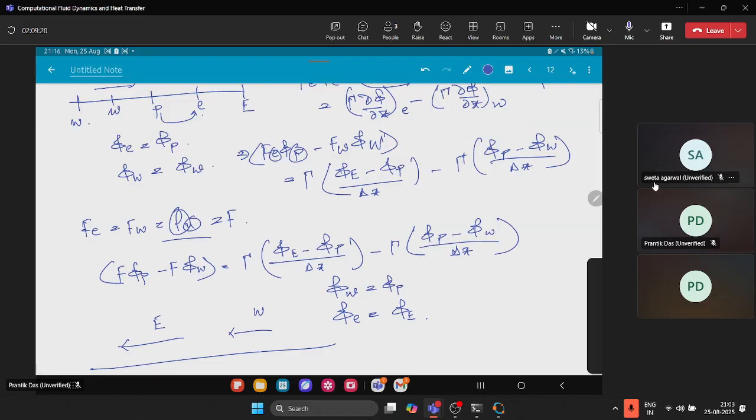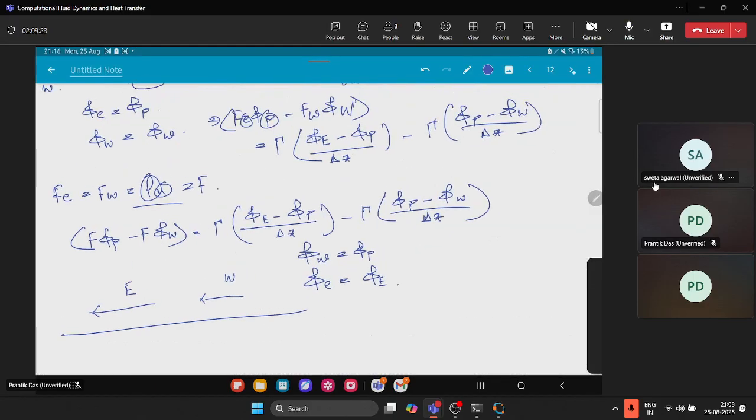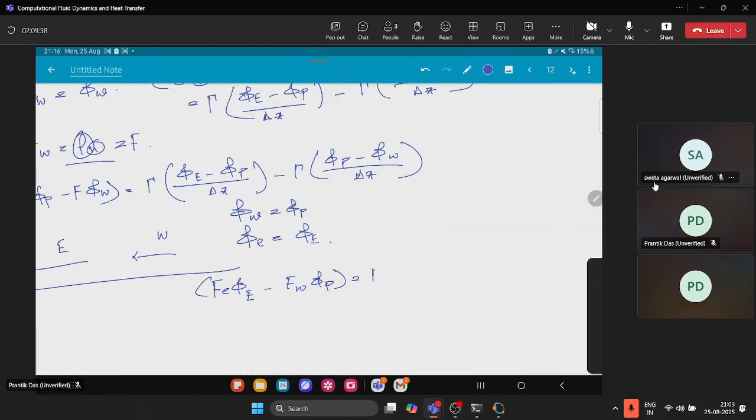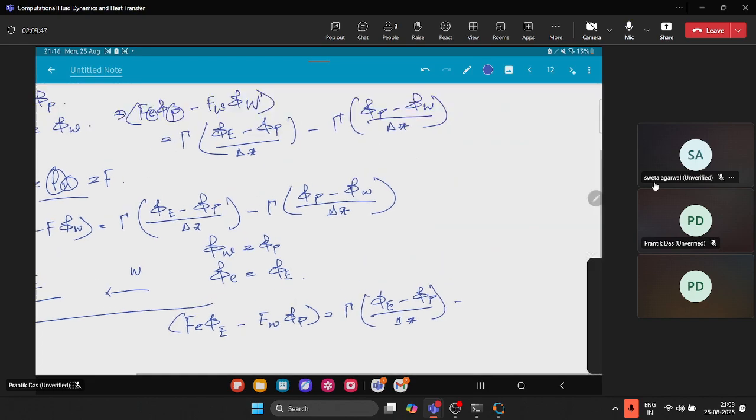So phi e becomes phi capital E. So it becomes Fe phi capital E minus Fw phi capital P equals the same thing, which is gamma (phi E minus phi P) divided by delta x minus gamma (phi P minus phi W) divided by delta x. Is it clear to all of you? Yes, sir. So it depends on the directionality, what your coefficient will be, okay.